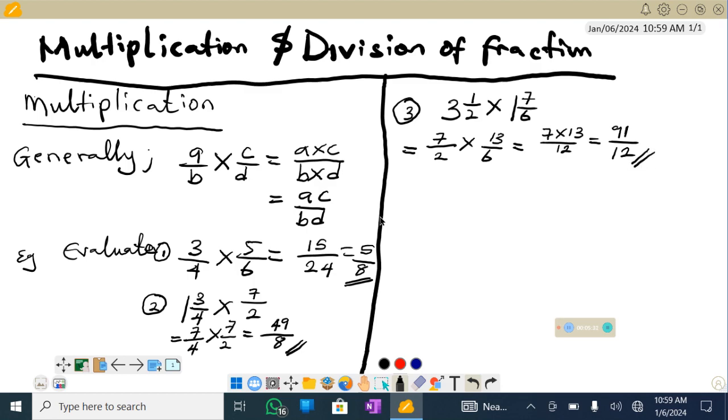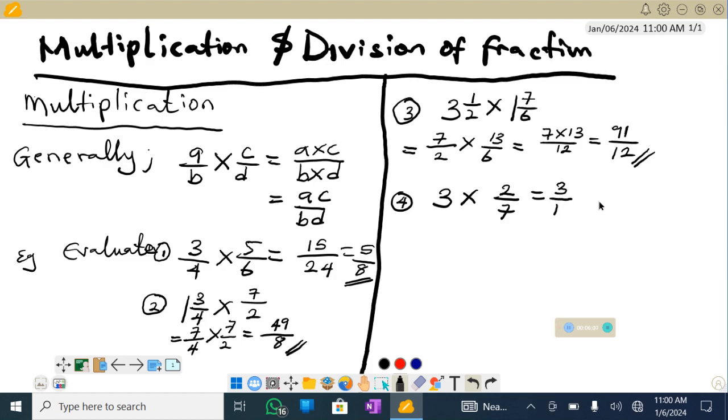All right, so let's have the last example. We can have a whole number multiplying a fraction. Let's say 3 times 2 over 7. What are we going to do? In a situation where you have a whole number, of course it's not a fraction, multiplying a fraction, it is advisable that you first of all change this whole number to a fraction. And how do you change it to a fraction?